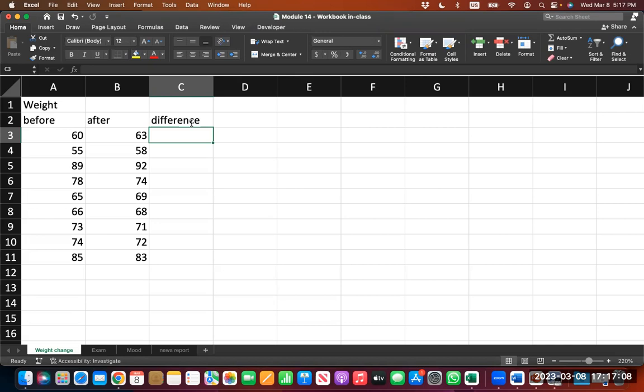Now we're getting to a practical aspect of this. You can hypothetically subtract after from before, or you can subtract before from after. Both come to the same end statistically, but not conceptually. Conceptually, you're doing yourself a favor if you subtract before from after, because you create a positive value if it's increasing and a negative value when it's decreasing.